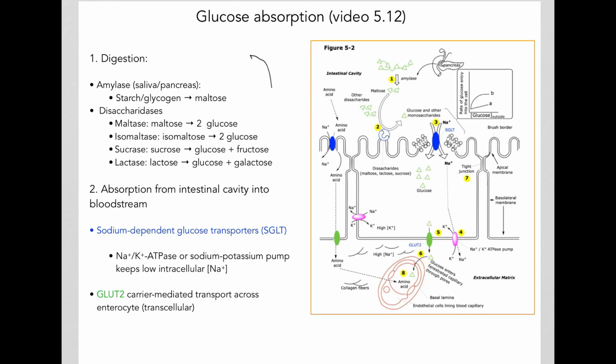So with the help of various digestive enzymes, glucose is generated in the intestinal cavity, and then with the help of these transport proteins, SGLT, the sodium potassium pump, and GLUT2, this glucose is transported across the enterocyte, the intestinal cell, and it enters the bloodstream. So now glucose is in the bloodstream.